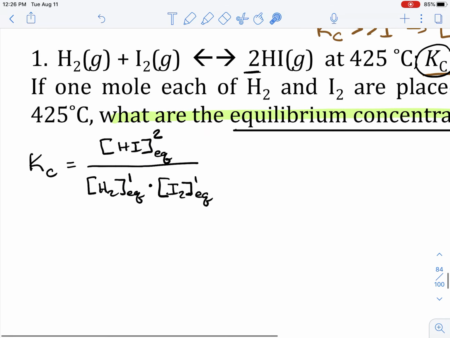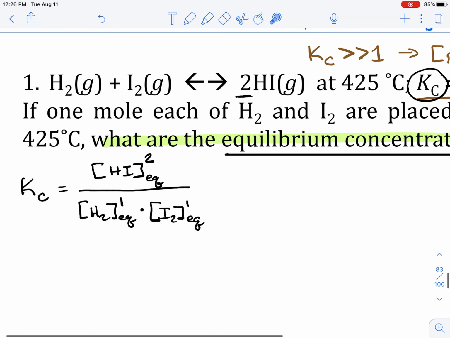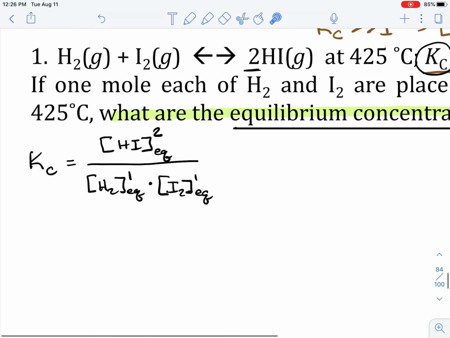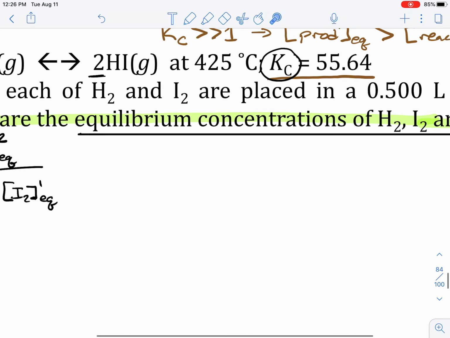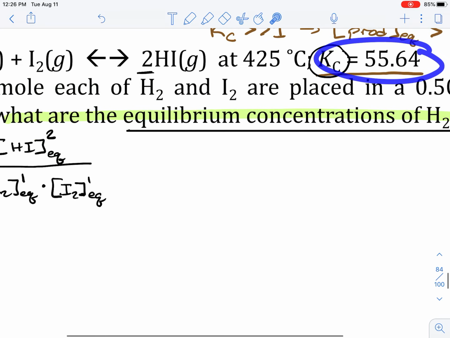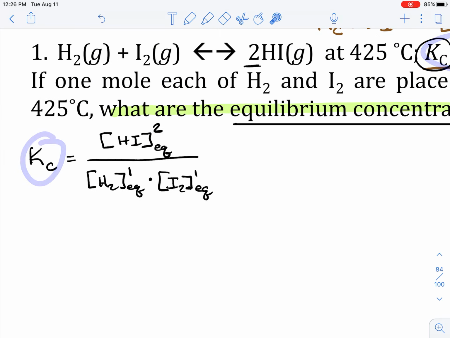And so now that I've defined the equilibrium concentrations by using this mass action expression, I can go ahead and plug in 55.64 into Kc. But it really doesn't help me any if I don't know any of this.